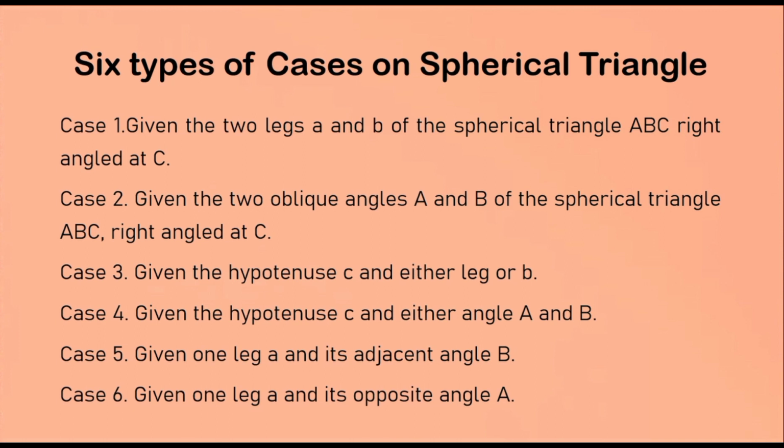Case 4, given the hypotenuse c and either angle A or B. Case 5, given one leg a and its adjacent angle B. Then lastly, case 6, given one leg a and its opposite angle B.